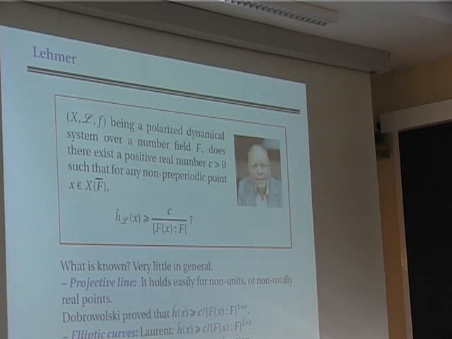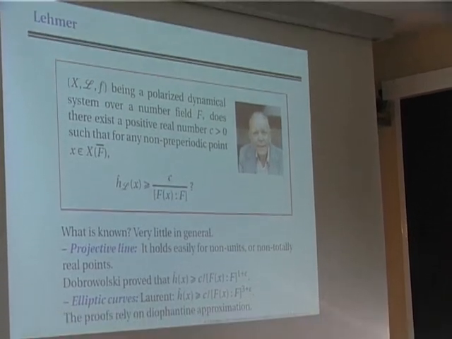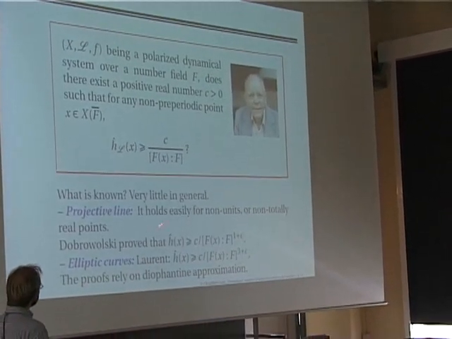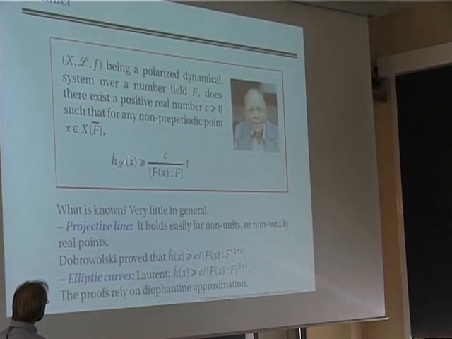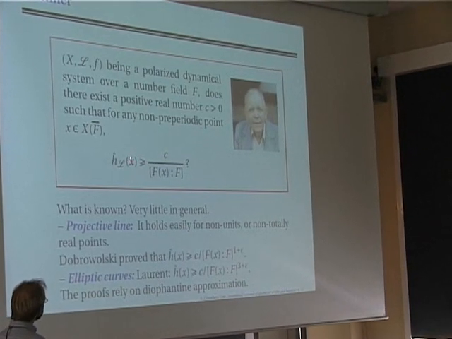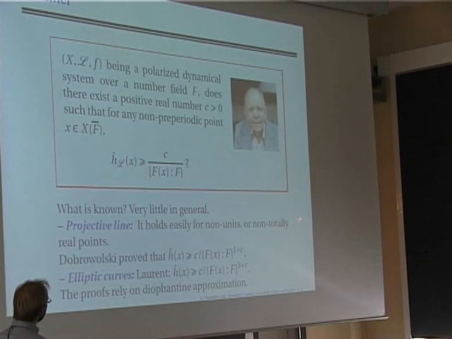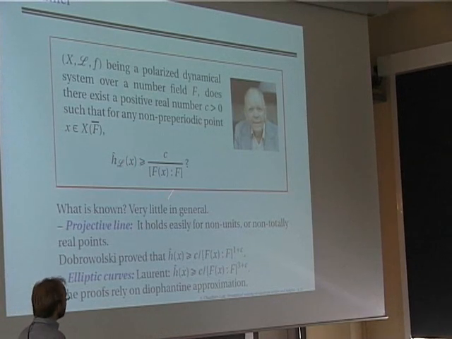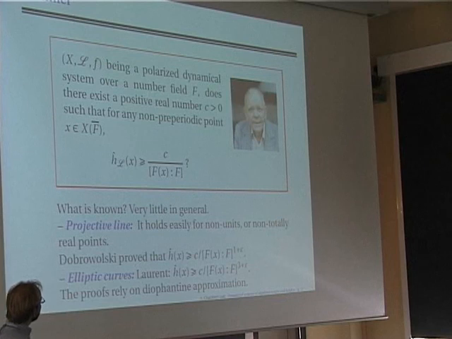And what is known about this conjecture in general? Almost nothing. If you look at the projective line and the classical Weil height, then it is easy to see that points which are non-units or non-totally real have height bounded below by such an expression, constant divided by the degree.